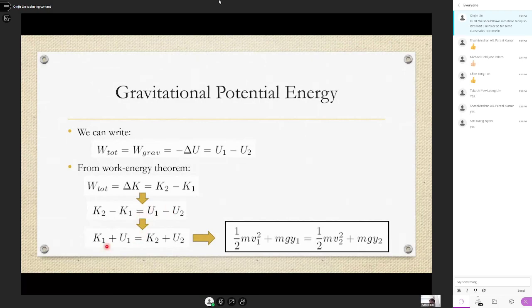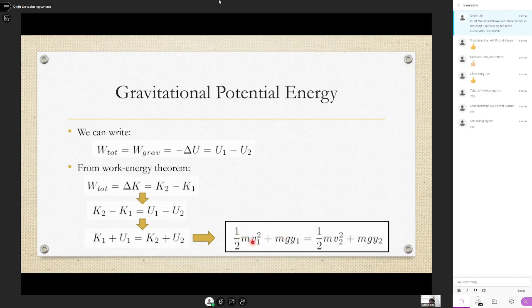If you shift it around, you will get K1 plus U1 equals K2 plus U2. Basically, this is the total energy at the initial state equals the total energy at the final state. So this is actually a statement of conservation of energy, right? If you expand it out further, this is a more usable form. When you are given problems, you will likely use this kind.